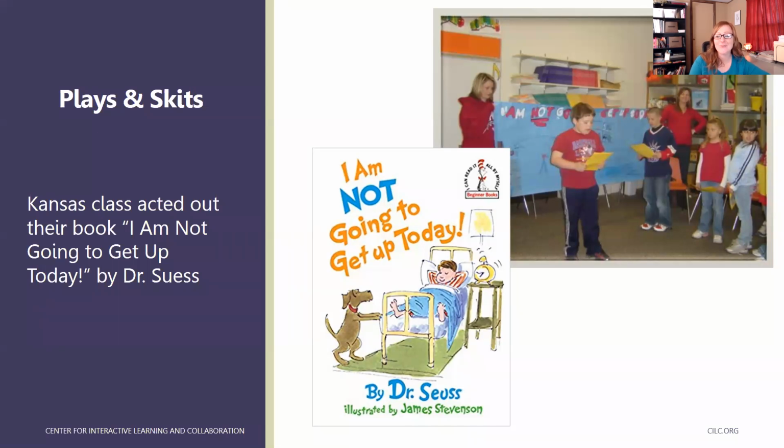Then they in turn asked the kids in rural New York, well, do you ride the subway to school? And they're like, no, we don't even have a subway. We're in a small town. It was funny when they realized how common things were, like, I take the bus, or my mom drops me off. So they found out, even though they're so far apart, that there are commonalities they didn't think about in the beginning. It's a lot of fun for classes to get to do just the personable part of it as well.